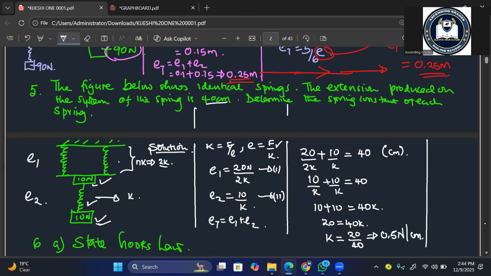And this one is equivalent to, in SI unit, 50 Newton per meter.